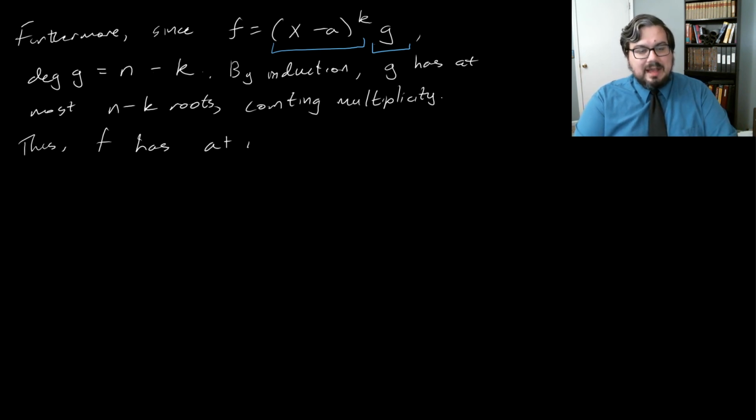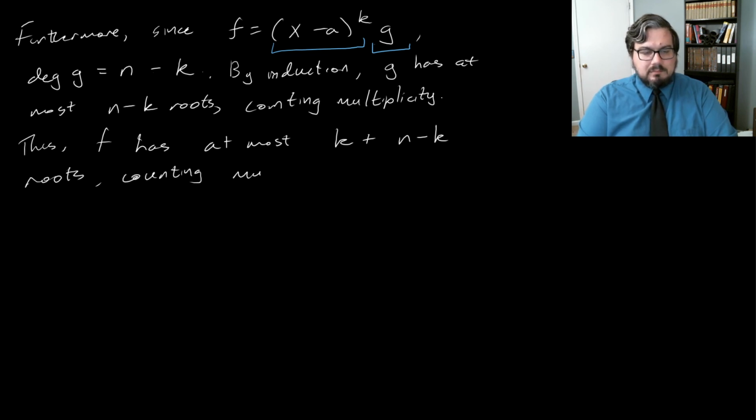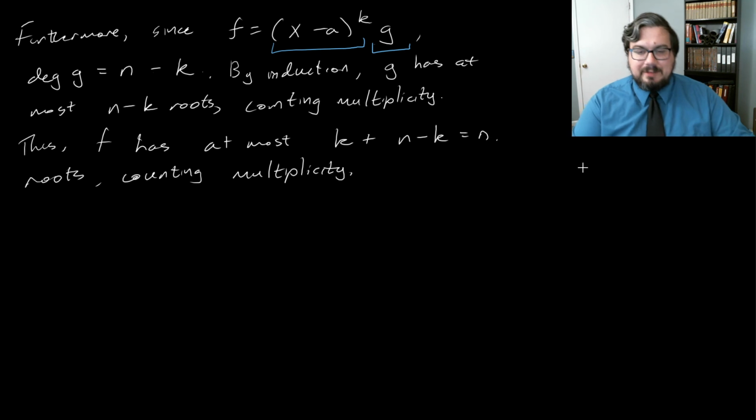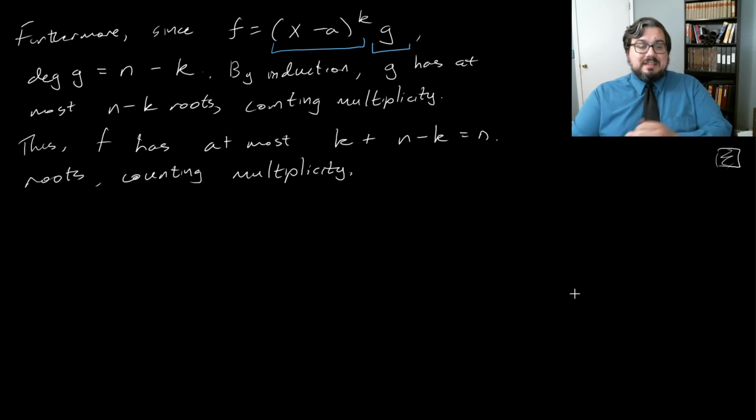I should say f has at most k plus n minus k roots counting multiplicity, which is, of course, n, which is the degree of f. That finishes it up. That shows that f has at most a number of roots equal to its degree.